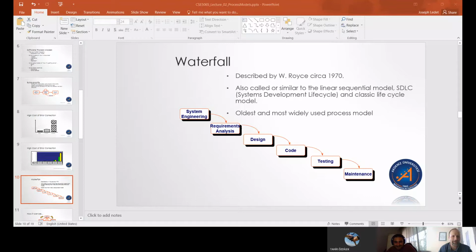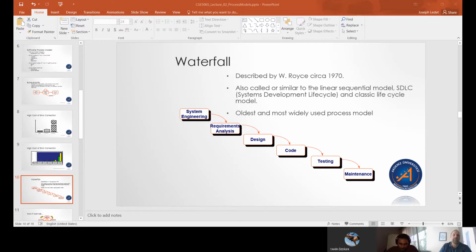Yes, of course. When water falls from the top of the waterfall down, it can't go back up, right? Water doesn't go up the waterfall. And so that's why this is drawn this way, and we only go down once we are done with the previous phase above.